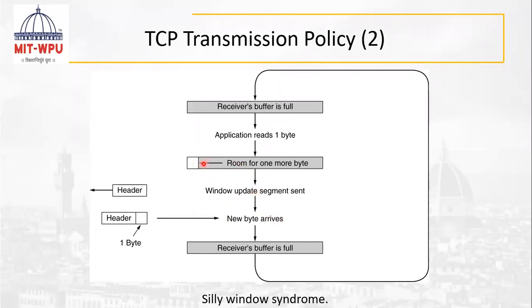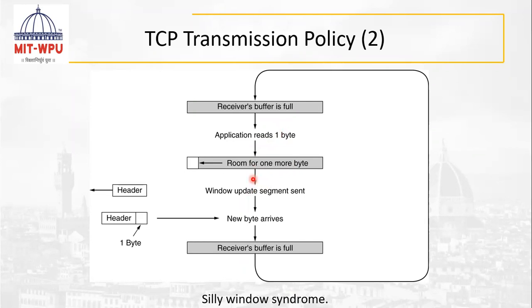What should happen is the application should read more from the buffer. It should not read 1 byte at a time, or very slowly. This kind of scenario is called silly window syndrome, and the solution is to read a maximum amount of data from the buffer.